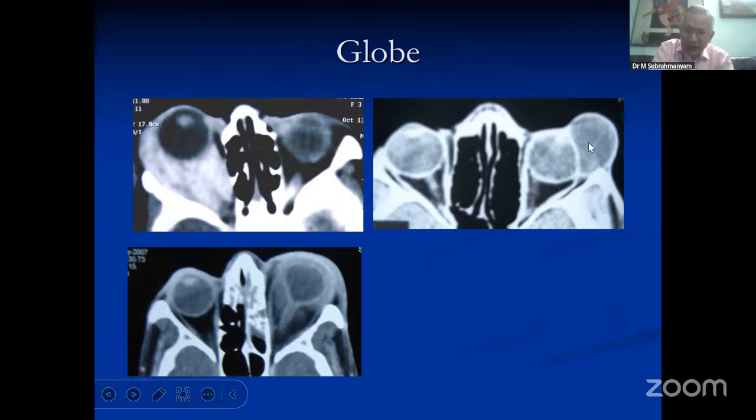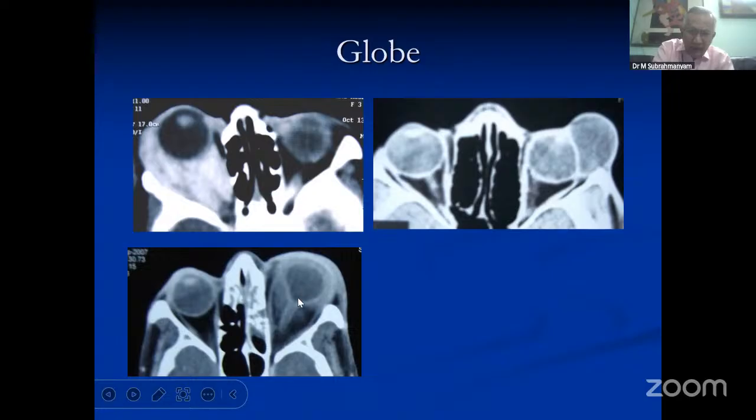If the lesion is very firm, this is a hydatid cyst, it can compress the eyeball and make it flat. Look at the change in the contour for this and the presence of normal contour in this case.